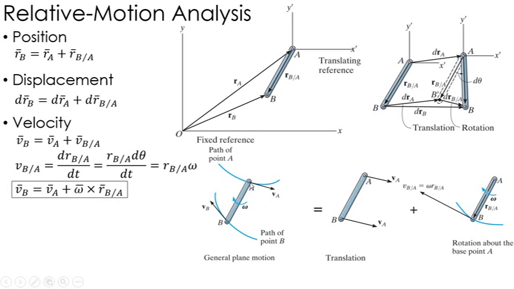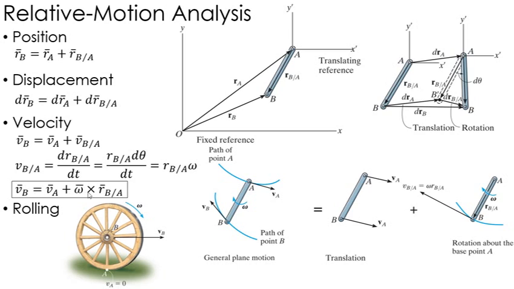Okay, so going from having that translation as well as a rotation, which is defined as omega cross R. So again, this is the translation, V sub A, as well as the rotation of B with respect to A. Adding those two together, I can actually find the velocity of B, knowing the velocity of A as well as the omega of the object.